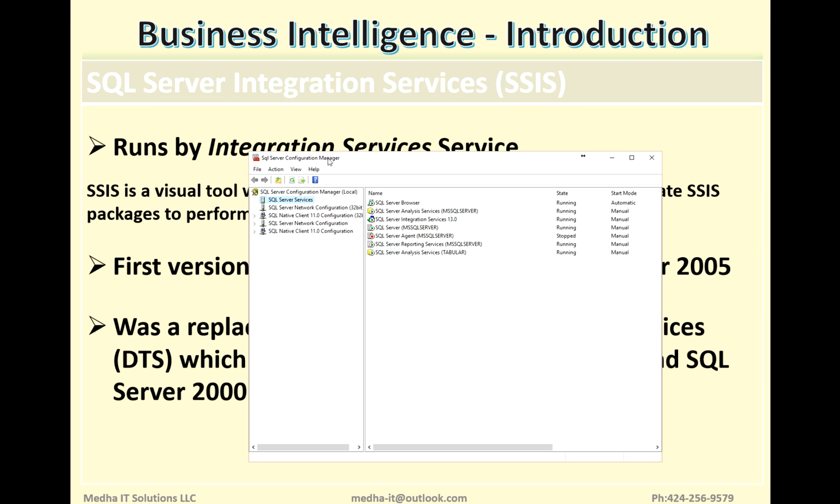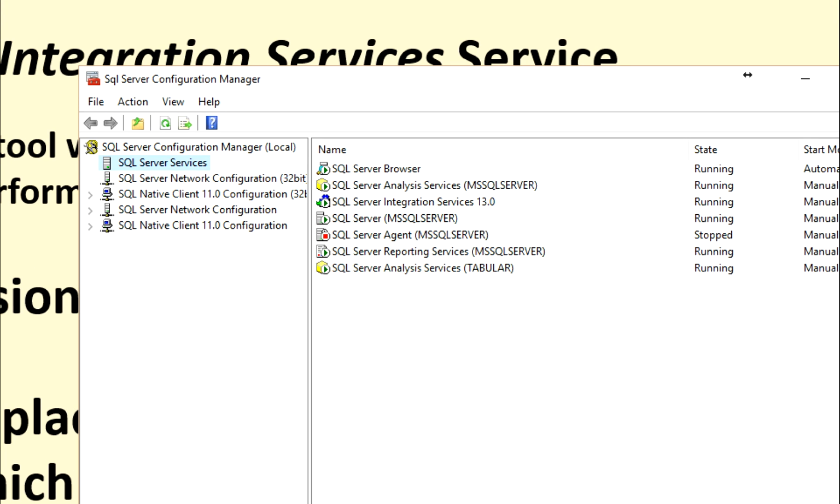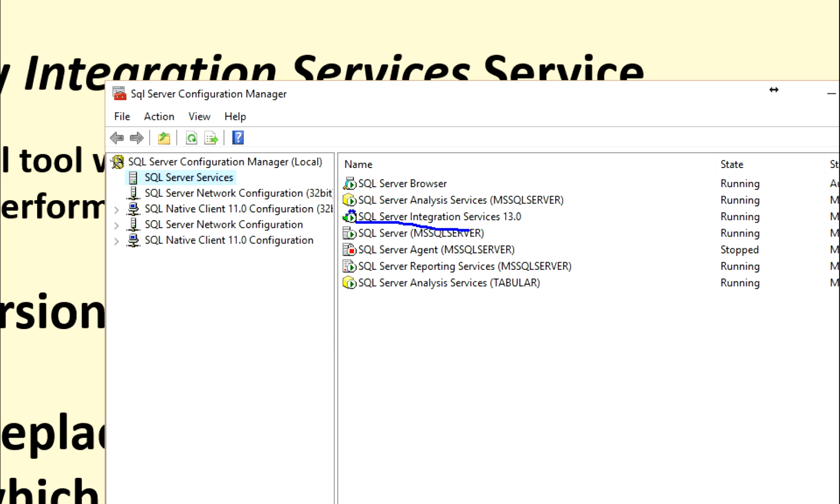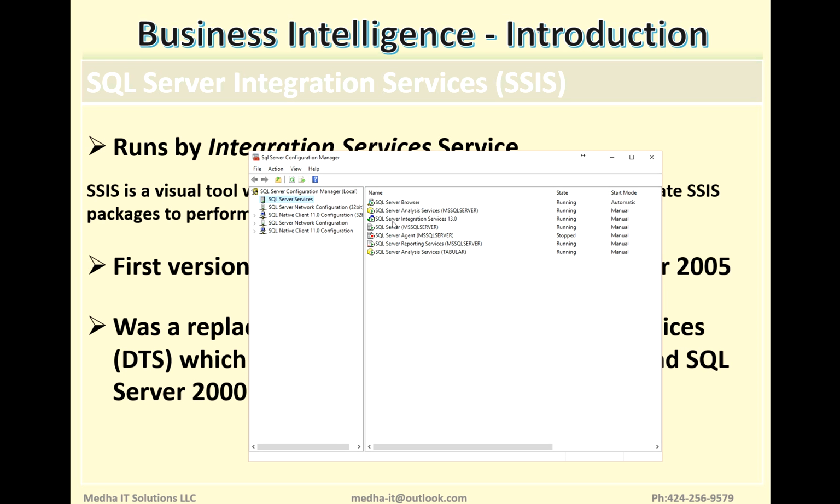When we install SQL Server, we get this Configuration Manager in which we can see the services. One of the services here is Integration Services, and that is the one used to run Integration Services. Okay.